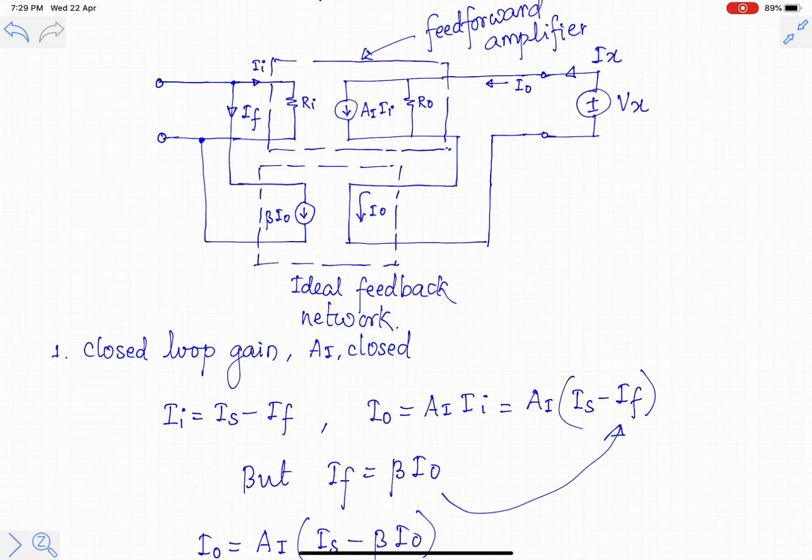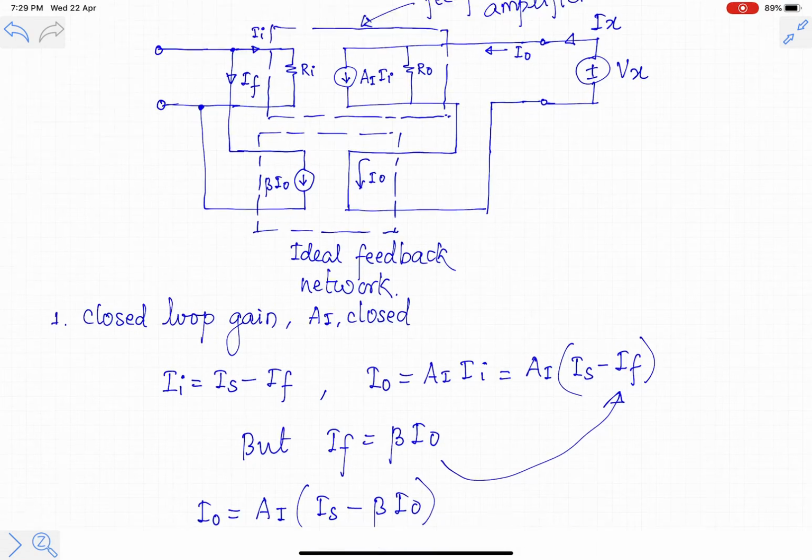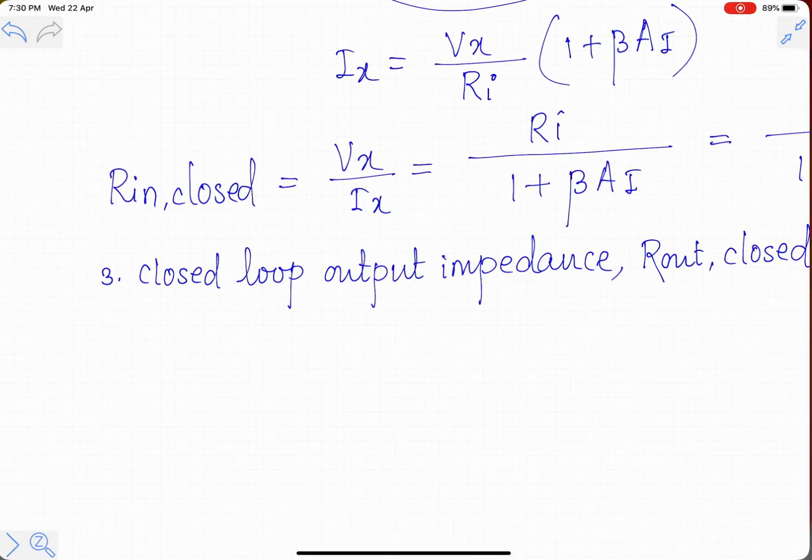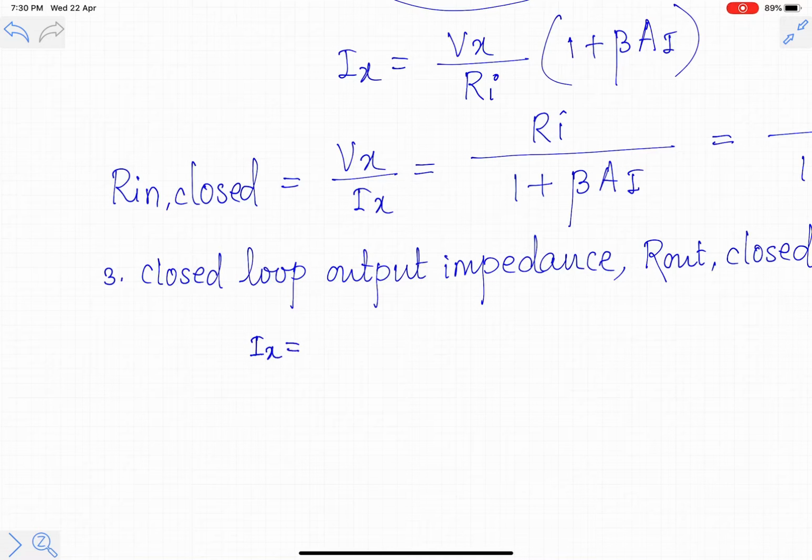So the total current Ix, which is also equal to IO, will be the sum of the current AI into II plus the current flowing through RO, which is Vx divided by RO. So Ix is equal to AI into II plus Vx divided by RO.